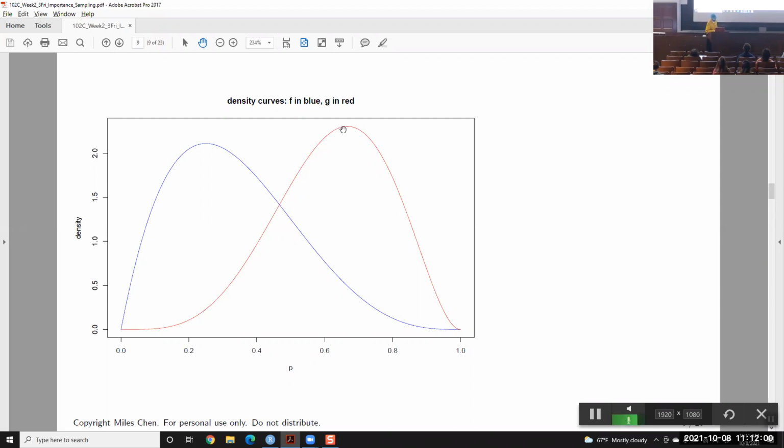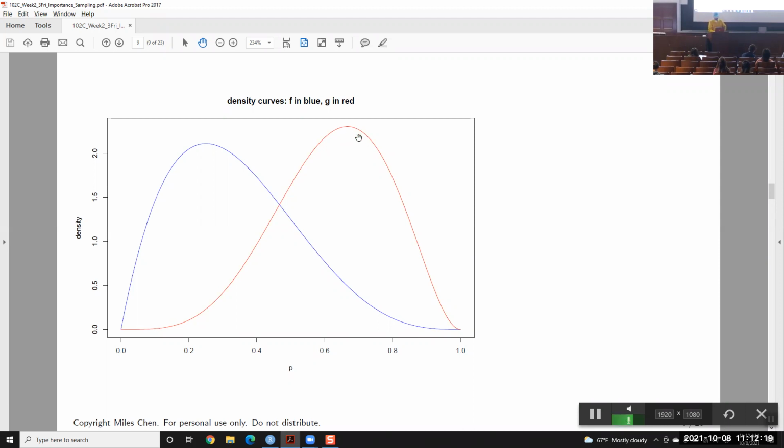So what we have is the red curve, with a peak somewhere around 0.7. 5 out of 8, so something around there.